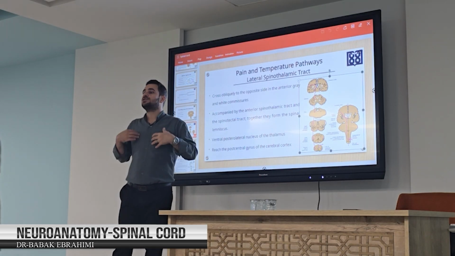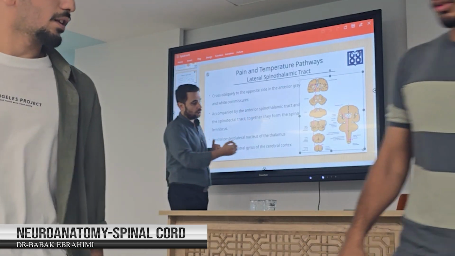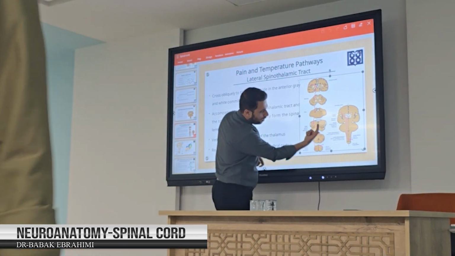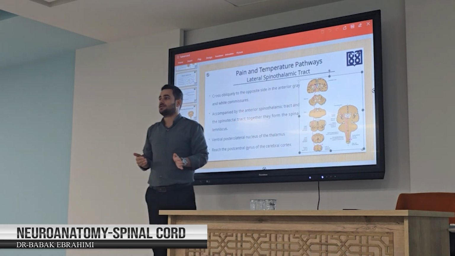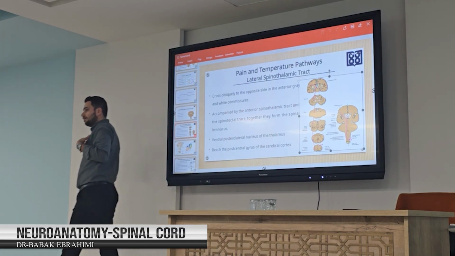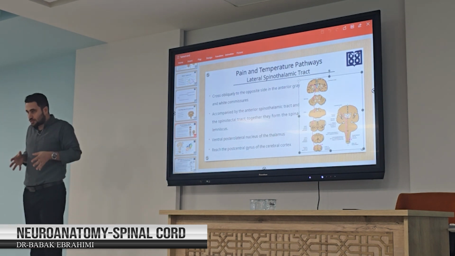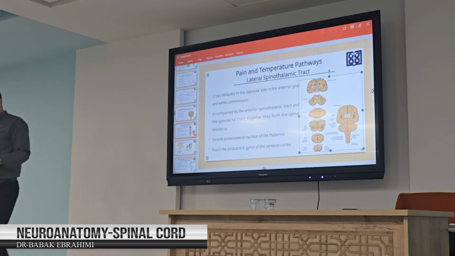We call it contralateral. But if information comes to the spinal cord, look at here, and then goes upward on the same side, we say ipsilateral. It means that if I am the information and come by means of the DRG to the spinal cord, and I walk on this side, we say ipsilateral.